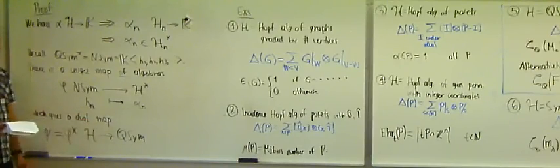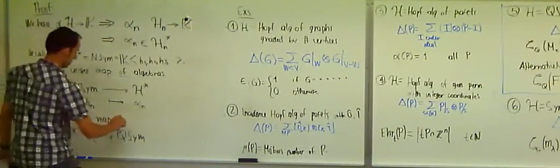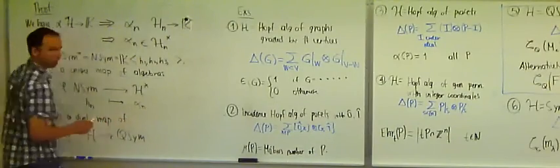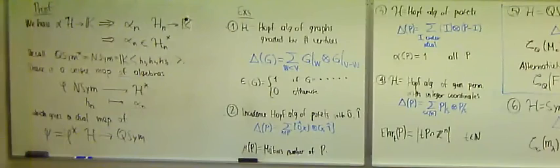And it is, by the way, a dual map of what? What kind of morphism is this? This is a map of algebras, right? So when you take the dual of a map of algebras, you get a map of coalgebras.